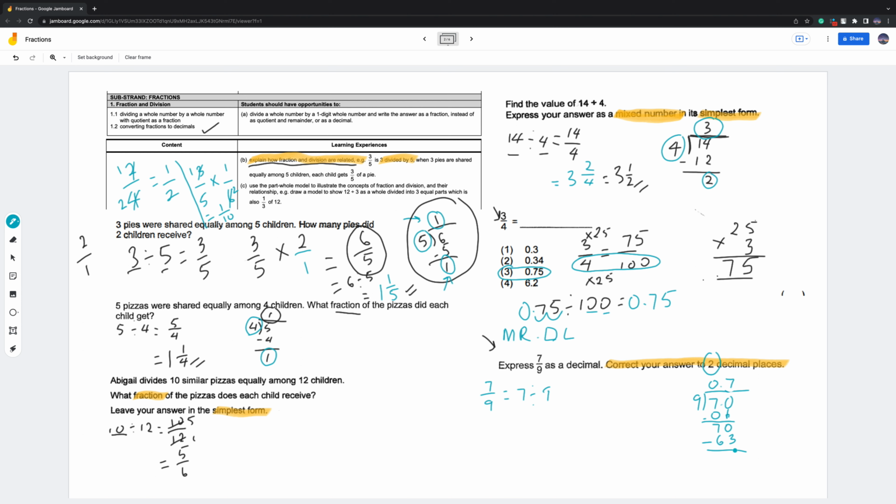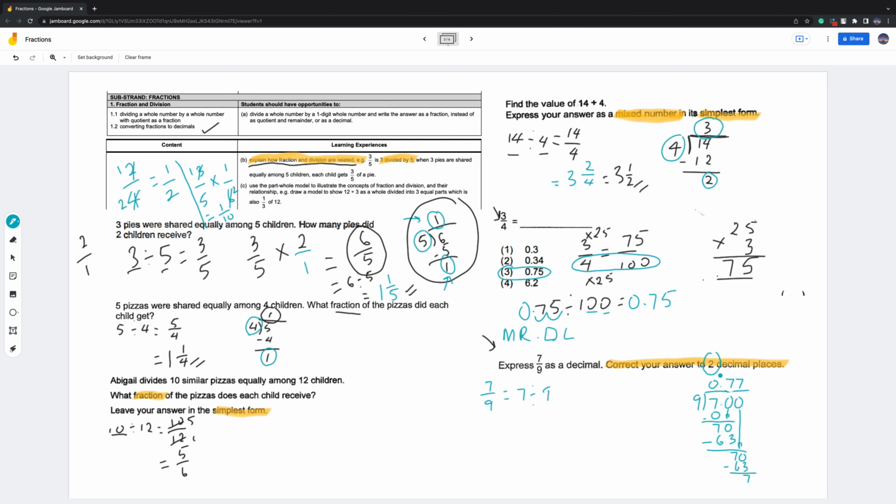When you subtract, you get another 7 again, and you don't stop. Now you have a decimal there in your answer, but you're not going to stop because you want 2 decimal places. You continue by putting another 0, bringing it down, and again you have 70, and you put another 7 there to get 63. When you subtract, you get another 7.